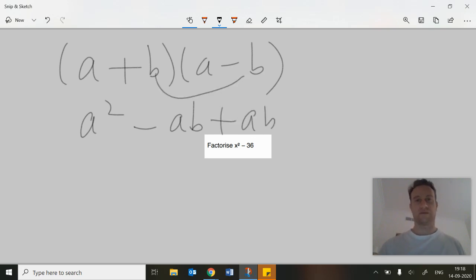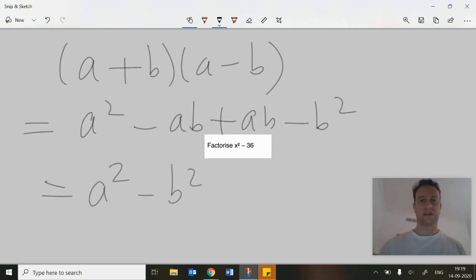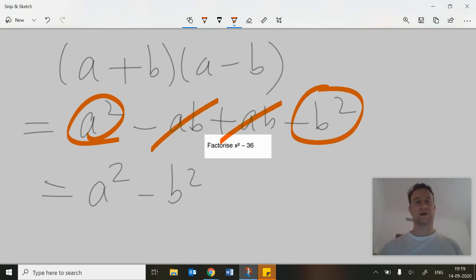And b times minus b gives us minus b squared. These two terms cancel. Adding ab and taking away ab leaves us with nothing, and so we're just left with a squared take away b squared.